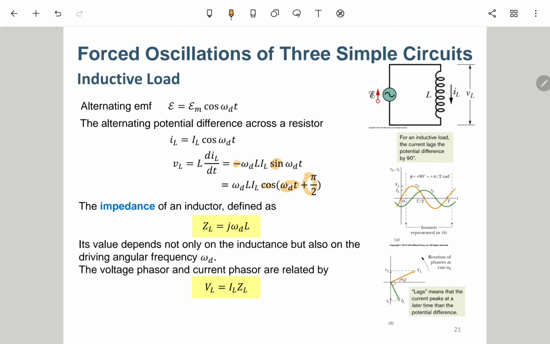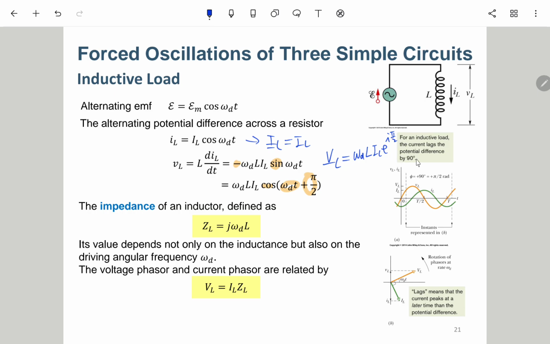And then similarly, here we have the current phasor equal to I_L. And this is for the V_L. For the V_L, it is nothing but omega_d L I_L times exponential of i pi over 2. Because this is pi over 2, we have exponential of i pi over 2 here.